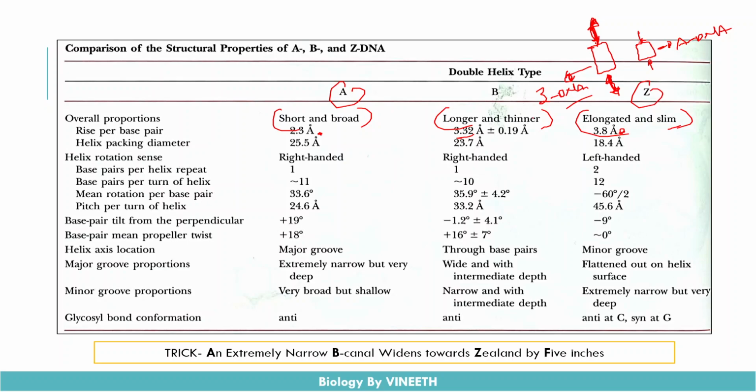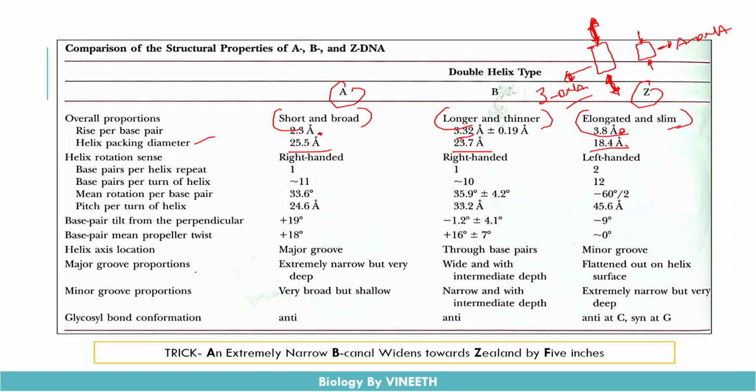Helix packing diameter for A-DNA is 25.5 angstroms, for B-DNA 23.7 angstroms, and for Z-DNA, because it is slim, it will have the shortest packing diameter, 18.4 angstroms. These are all the major important properties of the A, B, Z conformations.